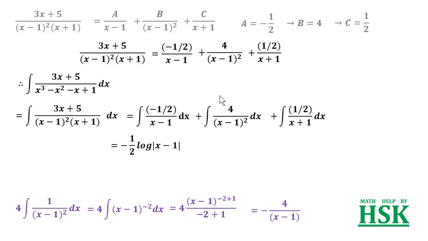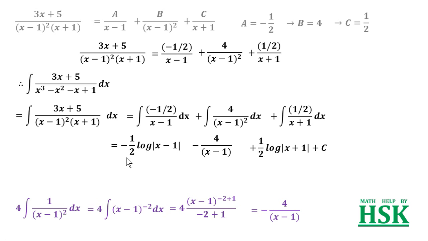Actually this can be done mentally also, so you don't have to show how we have done this integration. Okay, it is a very big problem, and if these small steps are not shown, it would not affect the solution. Placing the value of the integration of this function, I am going to get minus 4 upon x minus 1. And the integration of 1 by 2 upon x plus 1 would be done similarly, and this will be equal to 1 by 2 log of x plus 1.